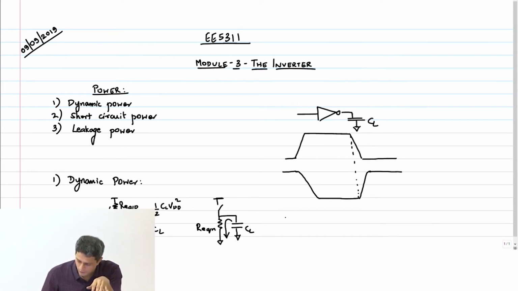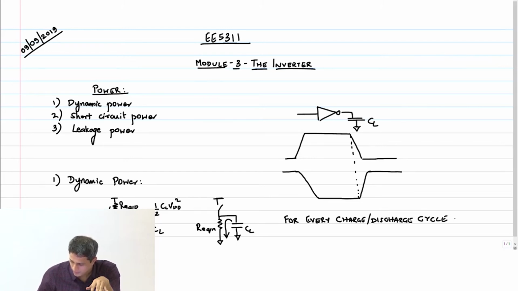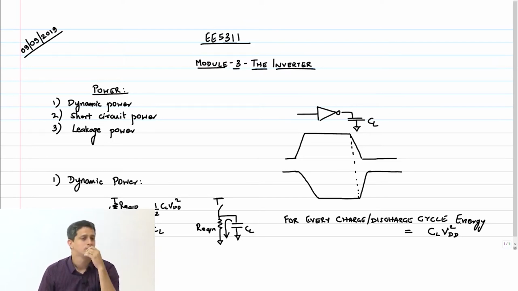So overall, for every charge, discharge cycle, energy equals CL into VDD squared.